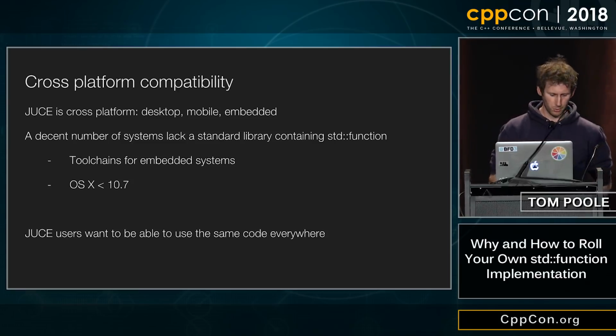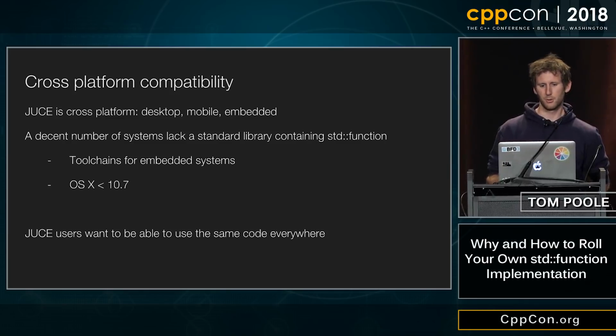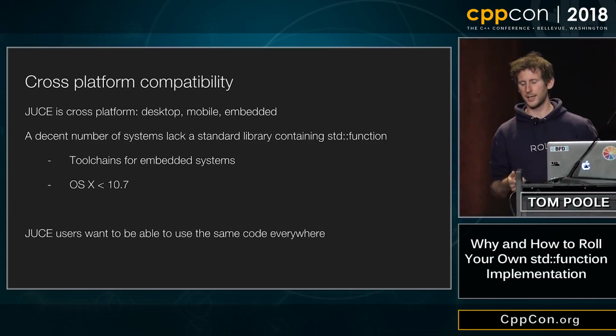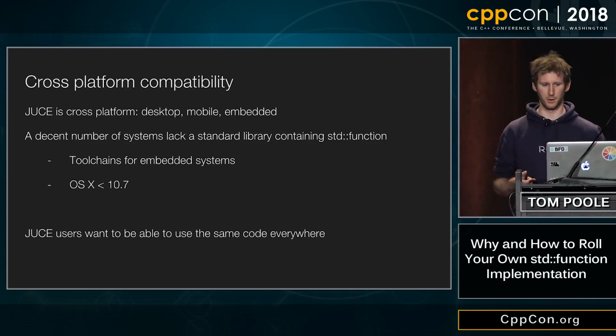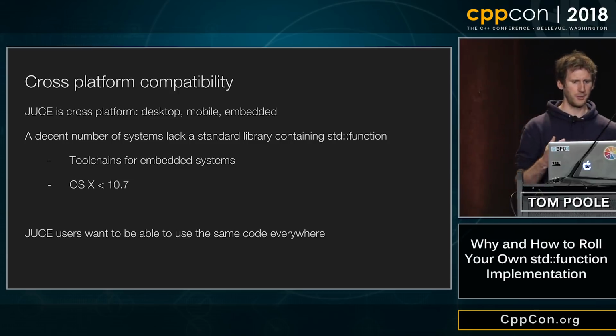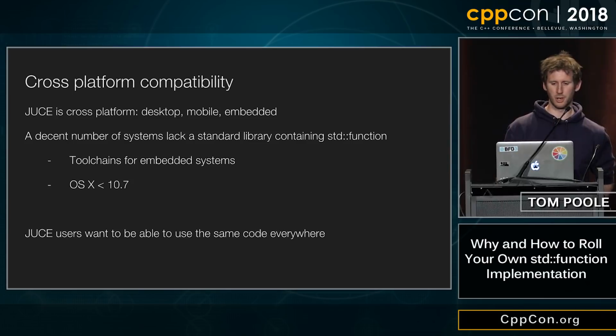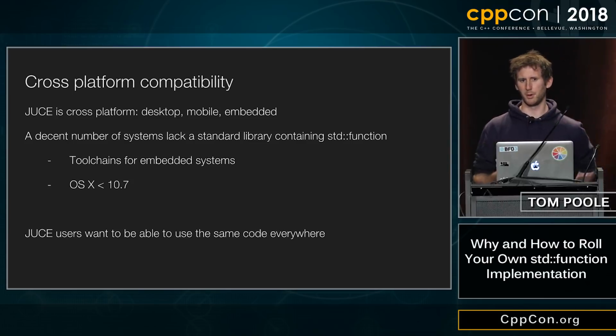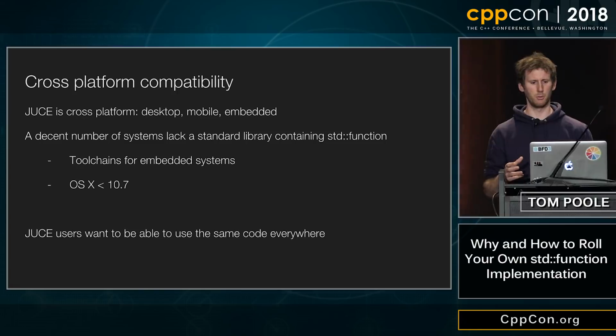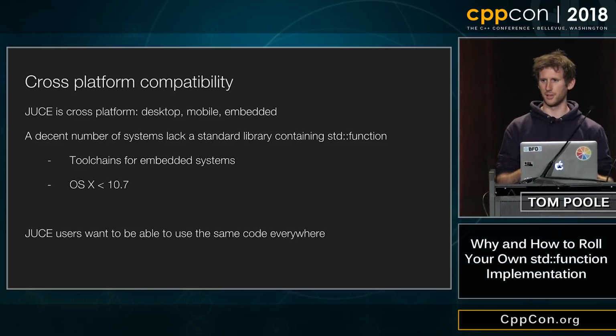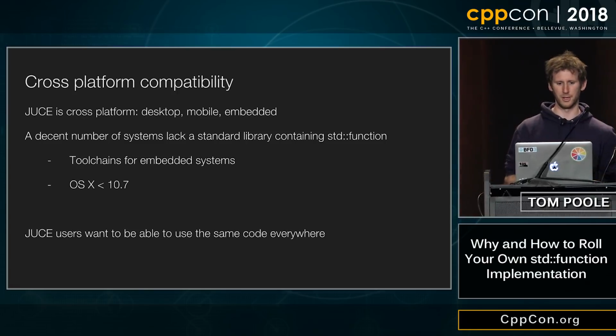This is important because JUCE supports a lot of systems, and as you get really old on the desktop side or really weird on the embedded side, you run into situations where the standard library lacking a std function is a reasonably common occurrence. Particularly in the toolchains for embedded systems, you might lack a std library altogether, or it'd be made by someone who's much more concerned with constraining it in terms of size rather than having all the functionality available.